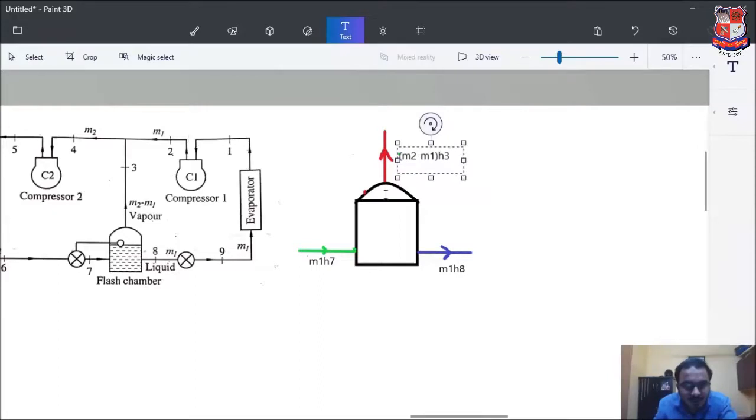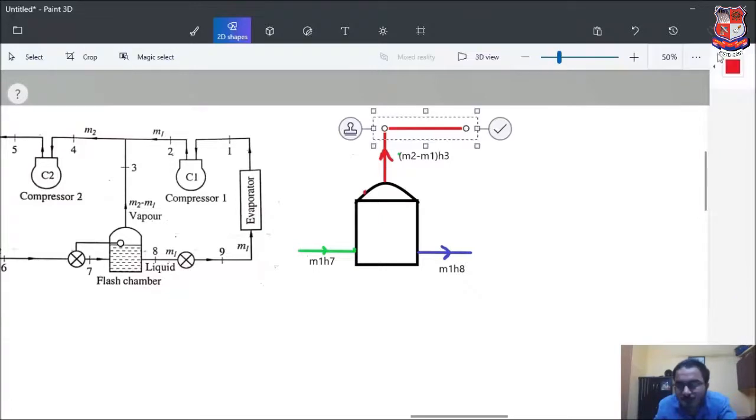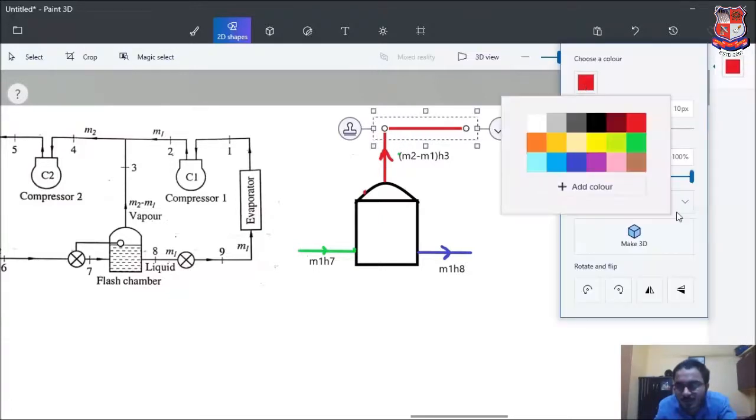Now if you see here, from the first compressor M1 mass is coming at condition number 2. So here also we can draw this.